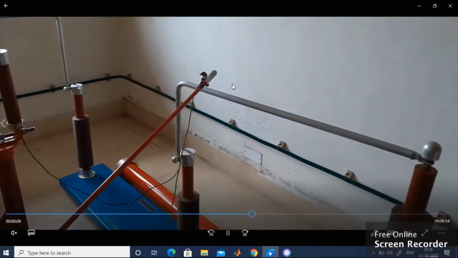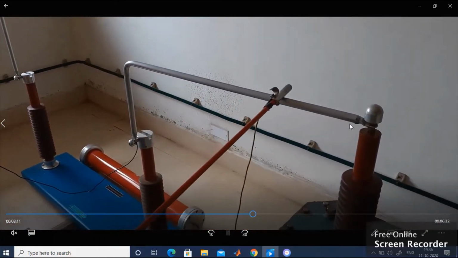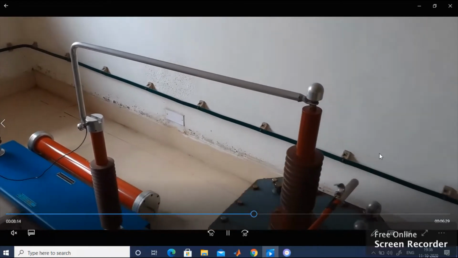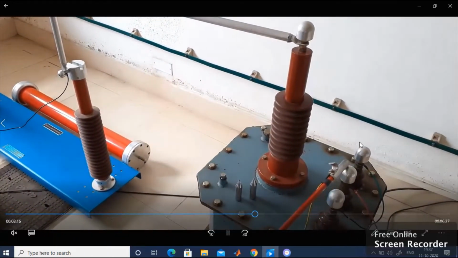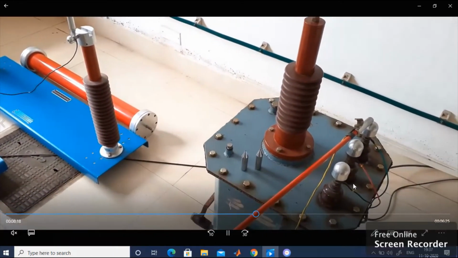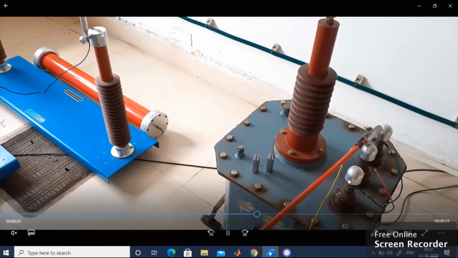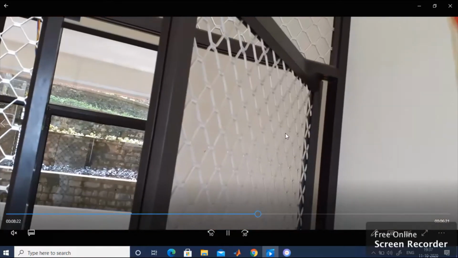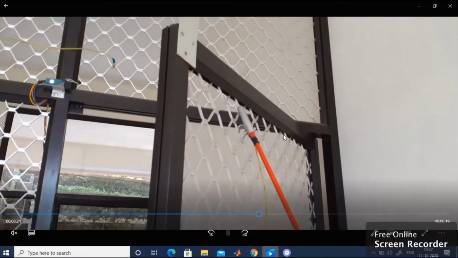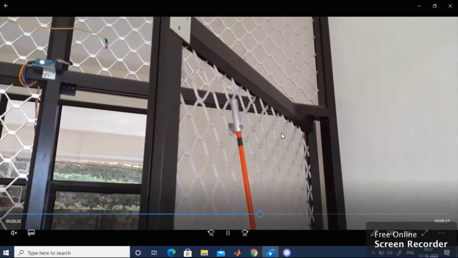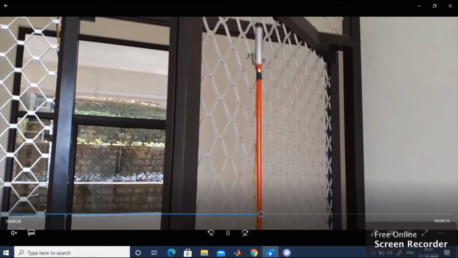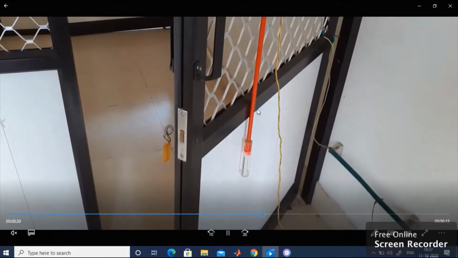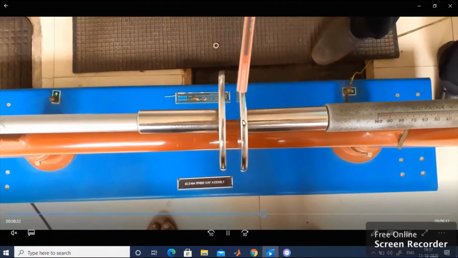By using the earth rod, you have to keep contact in such a way that you are ensuring safety. This procedure has to be carried out throughout the experiment. That is a must. Then place your rod back as it was.